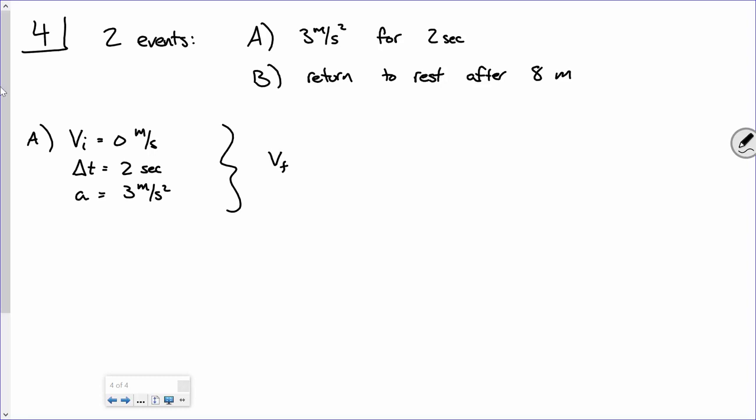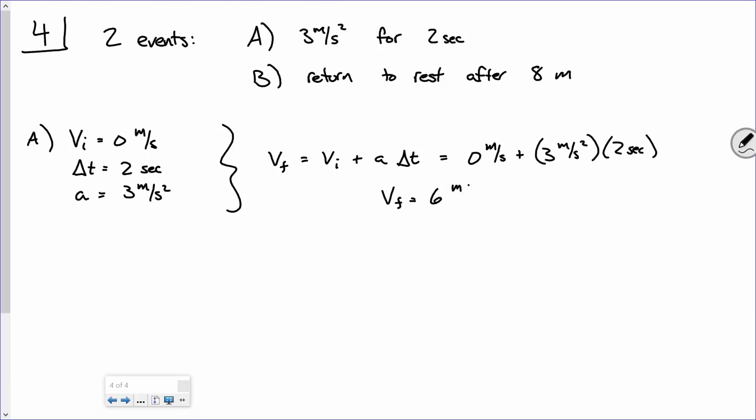VF equals VI plus A delta T. Y'all remember that? From physics? All right. So this is 0 meters per second plus 3 meters per second squared times 2 seconds. VF is 6 meters per second.